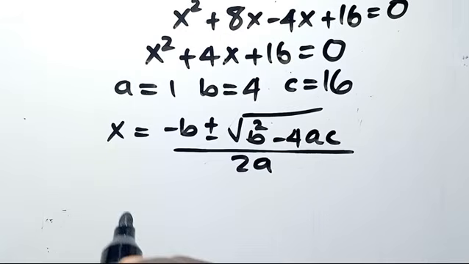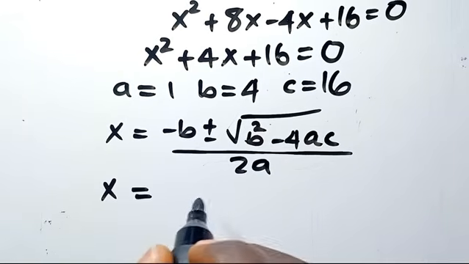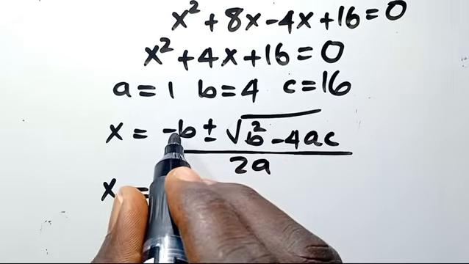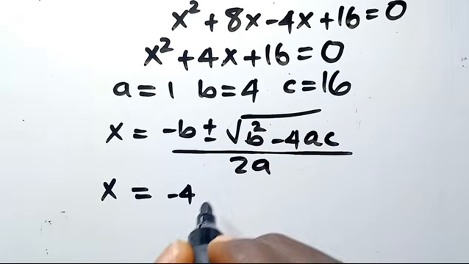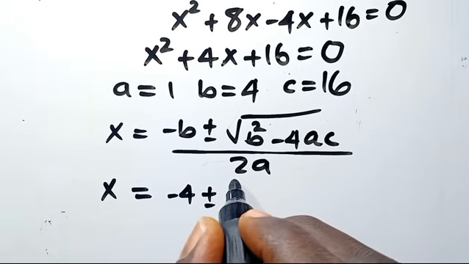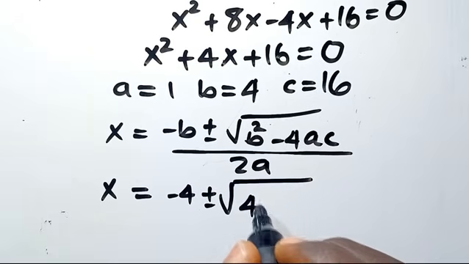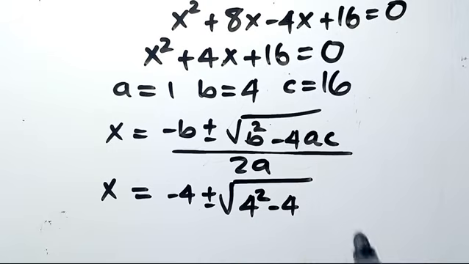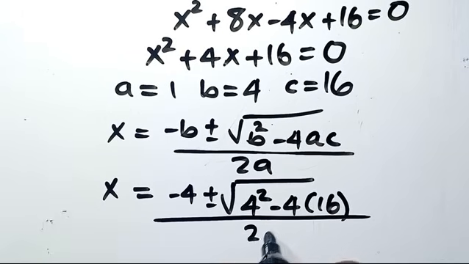So from here we have x = (−4, which is −b, ± √(4² − 4 times a, which is 1, times c, which is 16)) over 2 times 1.